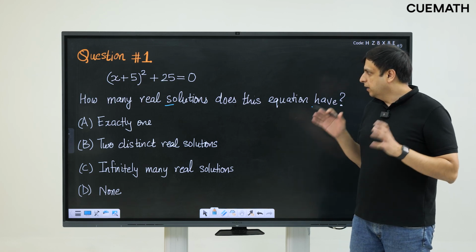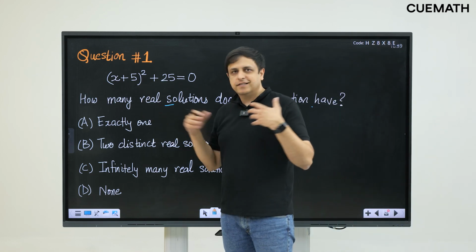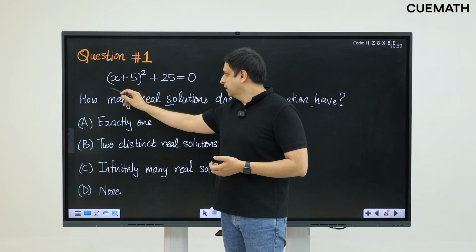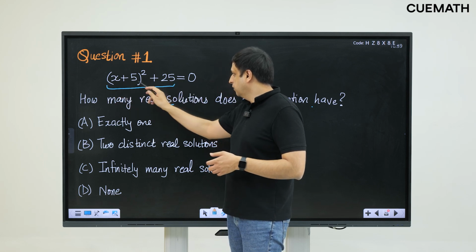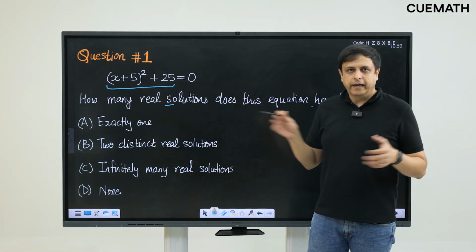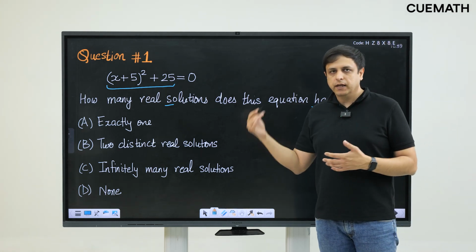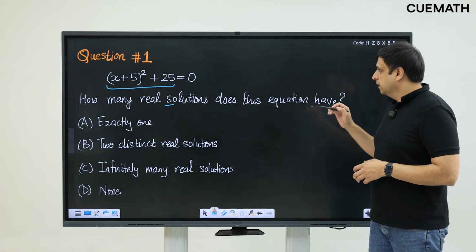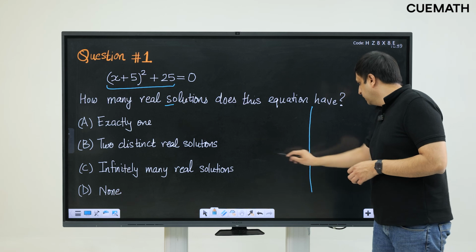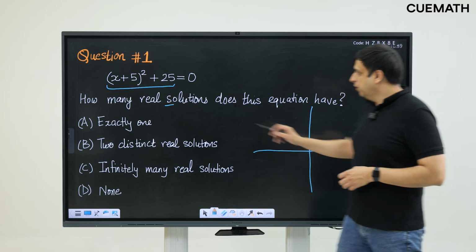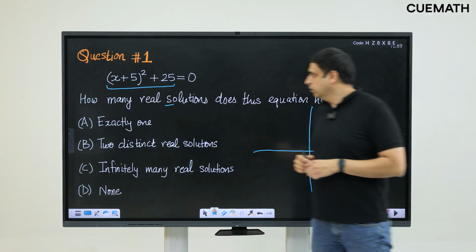But what I want you to do instead is think about the graphical properties of this quadratic expression, (x + 5)^2 + 25. You can actually do this mentally, you don't really have to draw it out.